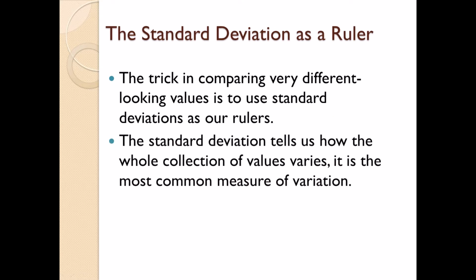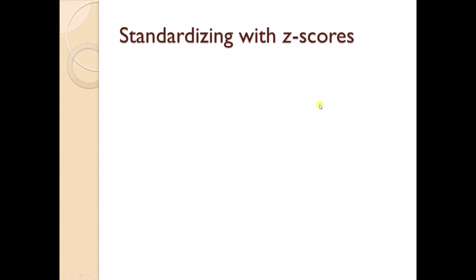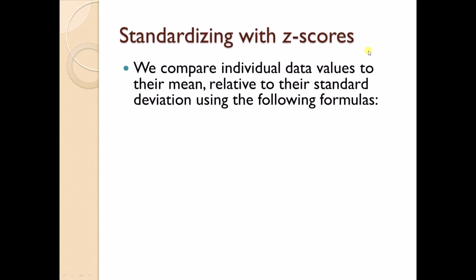Standard deviation tells us how the whole collection of values varies. It is the most common measure of variation. What we're going to do is we're going to standardize and create z-scores. So here's the process. We can compare individual data values to their mean relative to their standard deviation by using the following formulas.